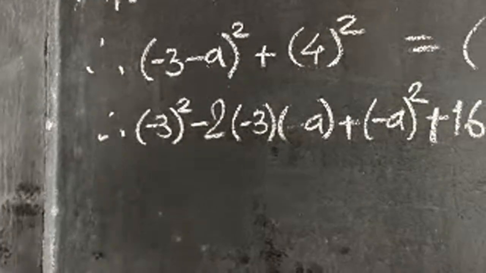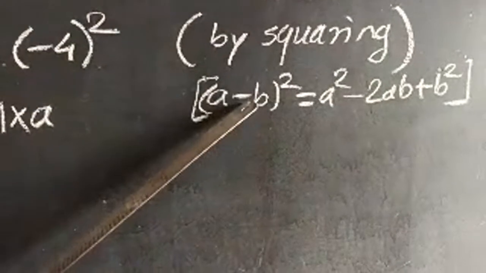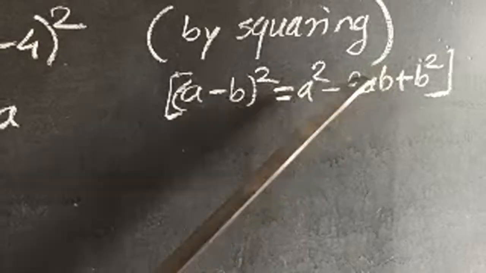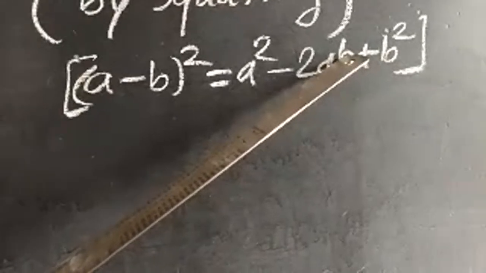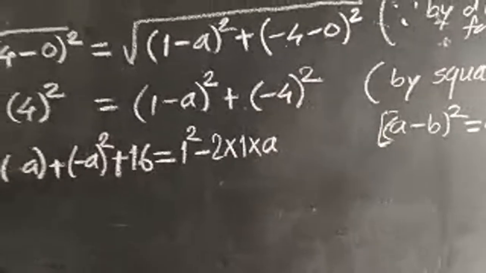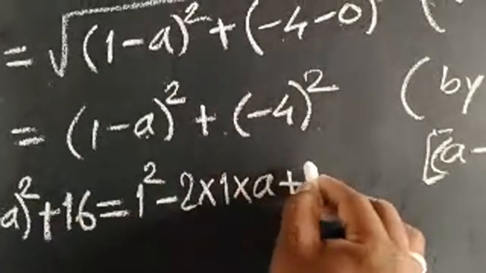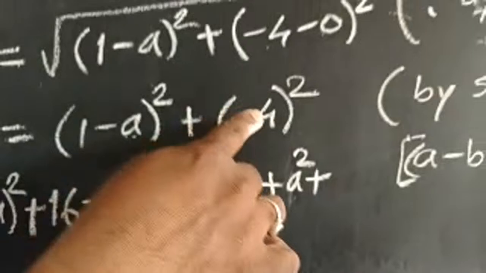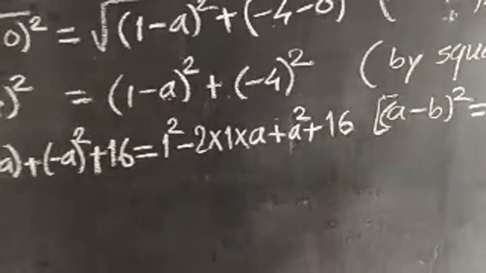Taking the minus sign again is the wrong method. And plus a square, second term square, plus 16, minus 4 square is plus 16. Good answer.